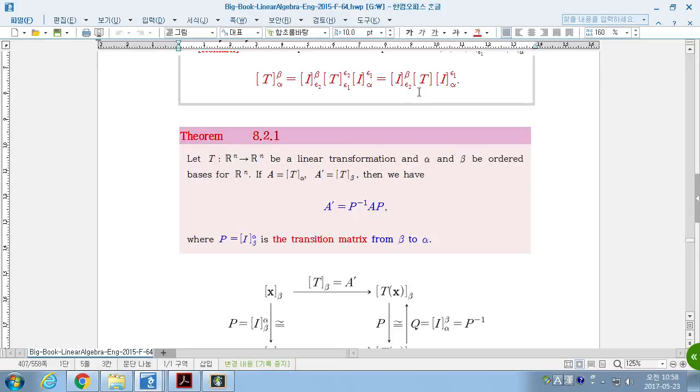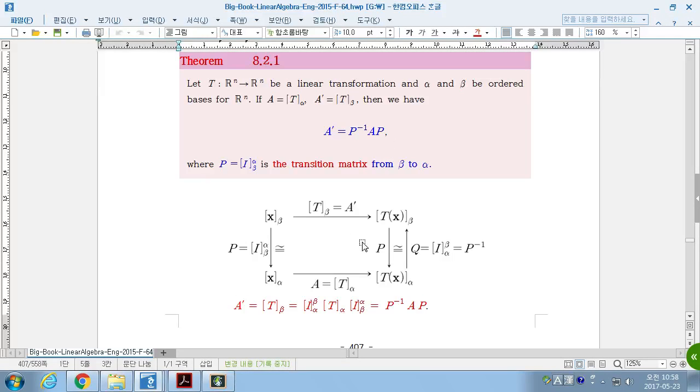And this relationship gives us intuition. Suppose you have two ordered bases alpha and beta, and the linear transformation T. Then the matrix representation of T with respect to the ordered basis beta can be written as A prime, and the matrix representation of T with respect to the ordered basis alpha can be written as A. Then the relationship between A prime and A is this.